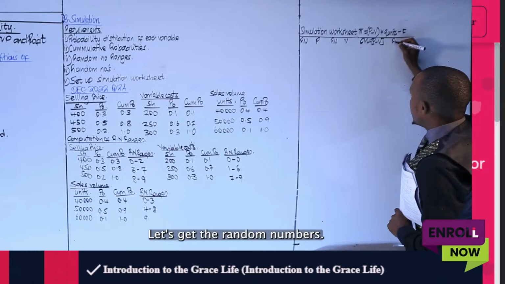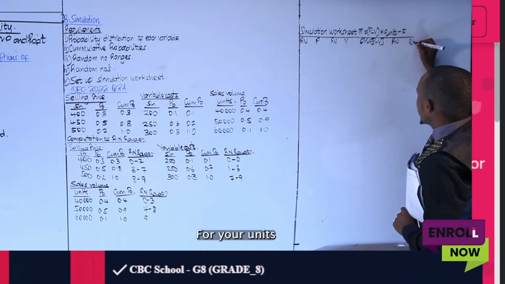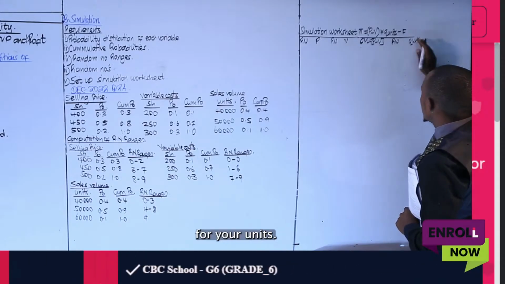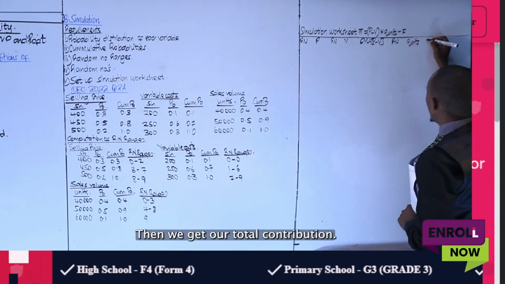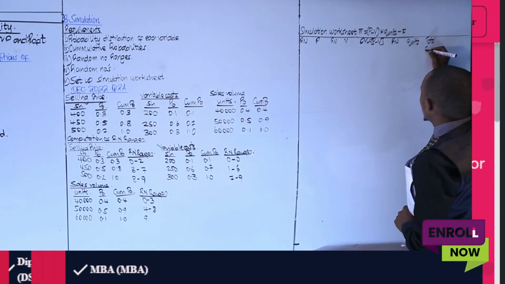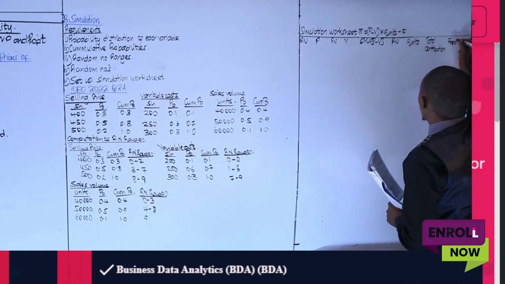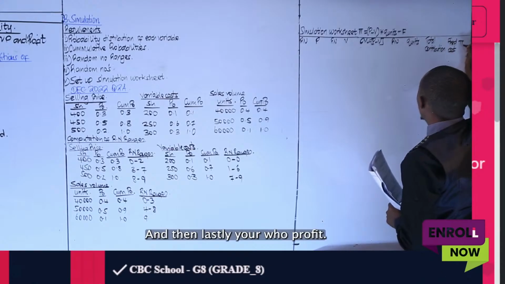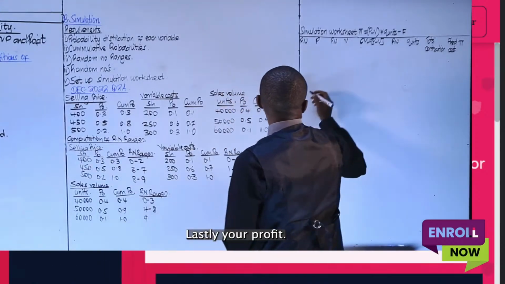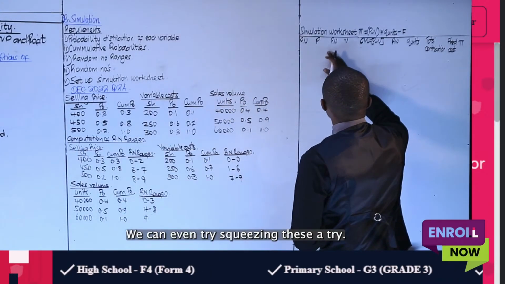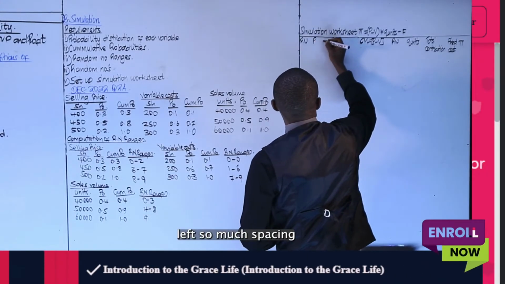Let's get the random numbers for your units. Then we get our total contribution and your fixed costs, and lastly your profit. We can even try squeezing this, since I left so much spacing.